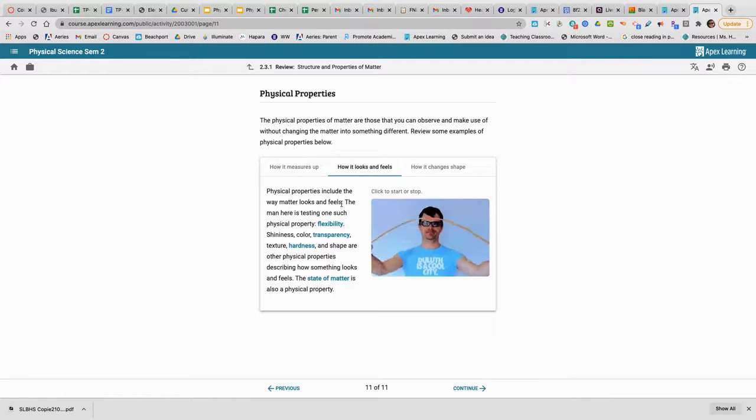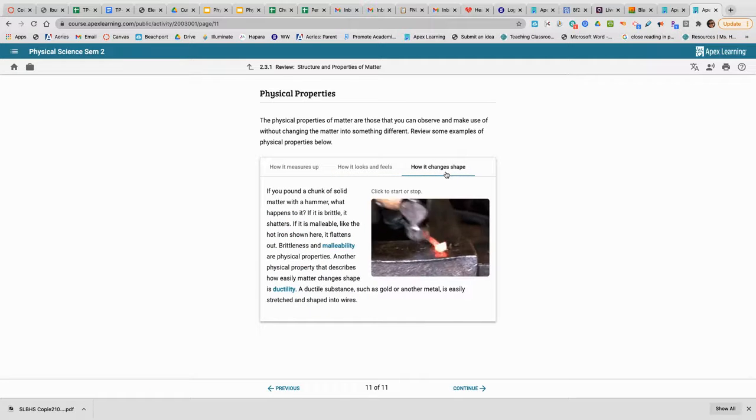You can also describe what it looks like. How flexible is it? Can you see through it? What's the hardness? What's the texture? What's the shape? Those are all things that you can describe without chemically changing the substance. And then how it changes shape. Are you able to change its shape very readily?